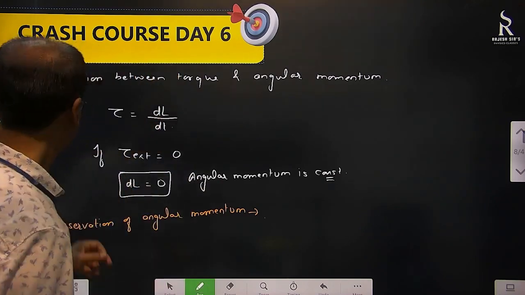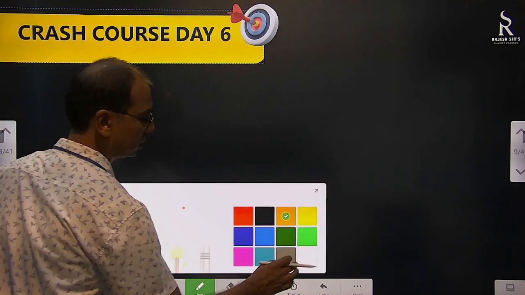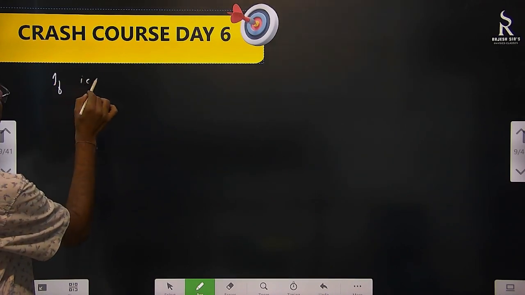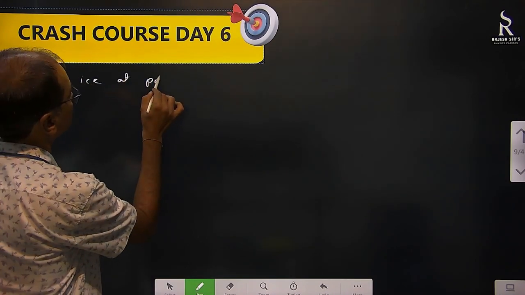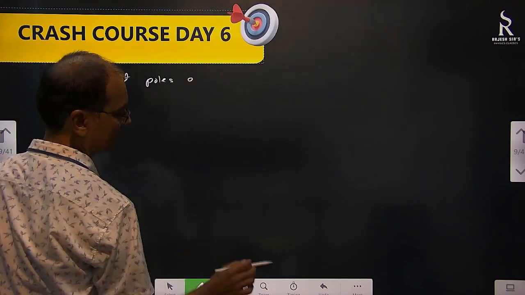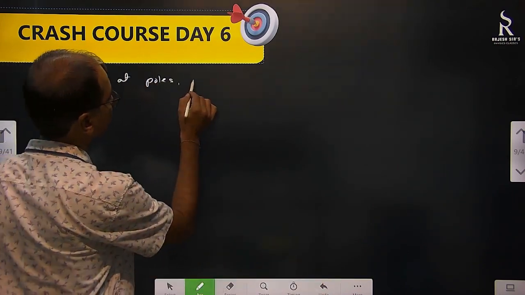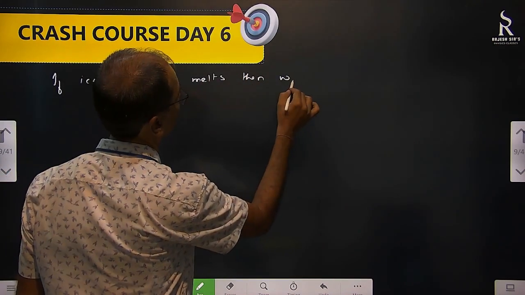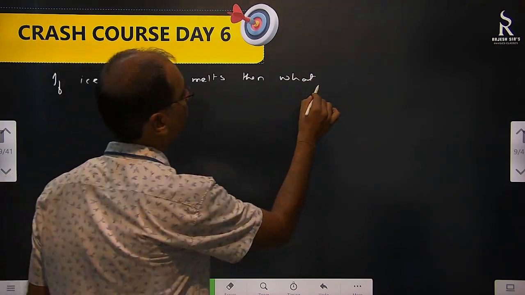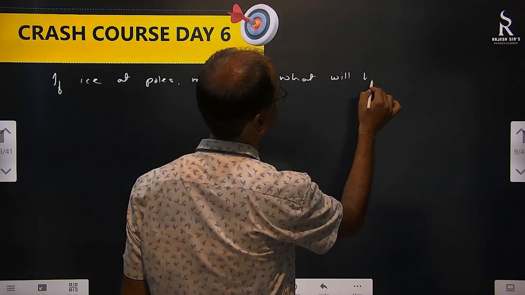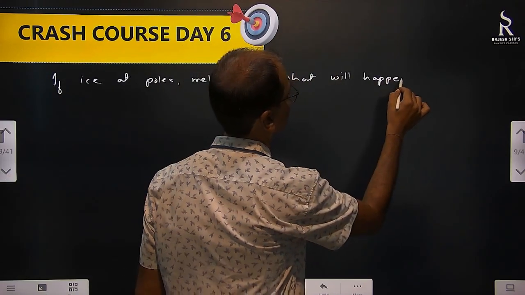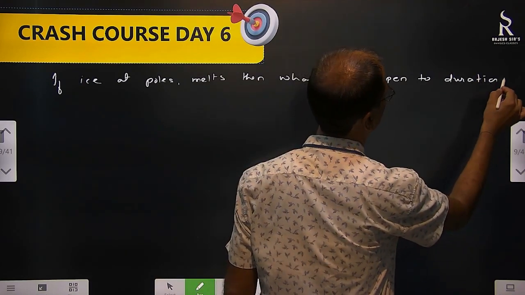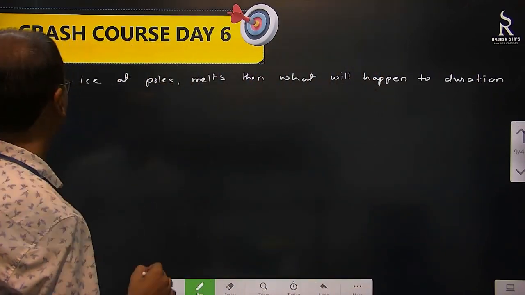The question is, if ice at the poles melts, then what will happen to the duration of the day?